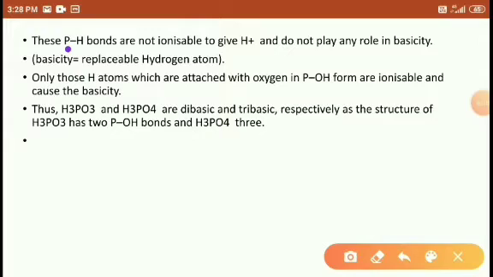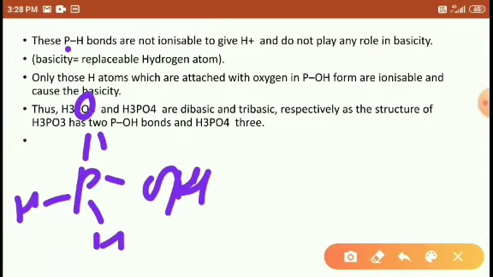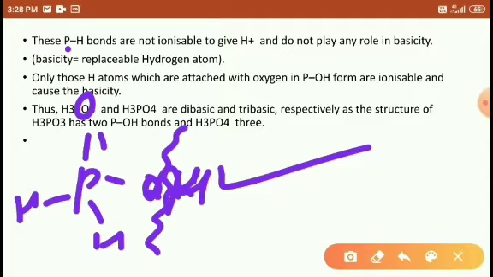The P–H bond is ionizable and gives hydrogen ions. In H3PO2, P double bond O, OH, H, the electronegativity difference between oxygen and hydrogen makes it dissociate and release a hydrogen ion.